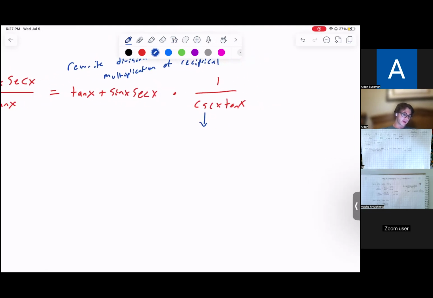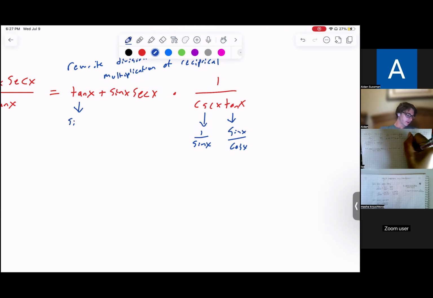So what does the cosecant become? 1 over sine. 1 over sine, perfect. And what else can we replace? The tangent. Yeah, we can replace both of them. What does tangent become? Sine over cosine. Exactly, sine over cosine. Same thing here, sine over cosine. Is there anything else that's not a sine or a cosine that we could replace?